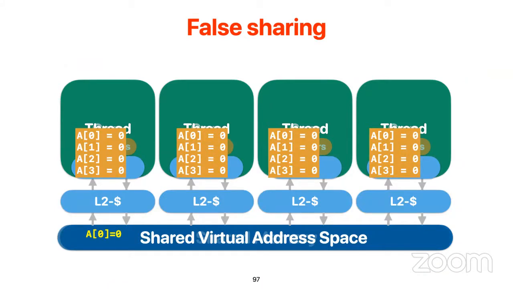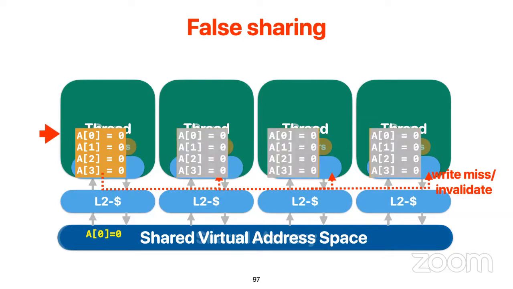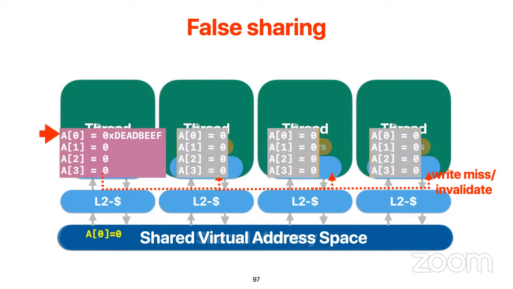Sometimes your data may be invalidated by another thread, even though the other thread is not using the piece of data that I am using, because remember, cache blocks are organized into blocks. Once you modify a block, it will have to invalidate the whole block in other people's caches.